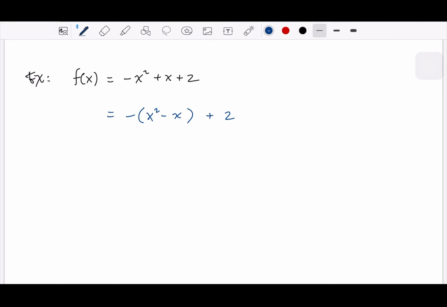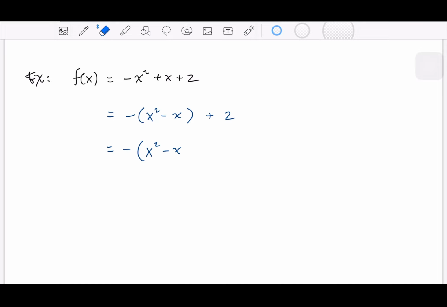Then we add a constant that makes the variable part a perfect square. So we have x squared minus x. We take the coefficient, 1, divide by 2 and then square, so we have 1 over 4.